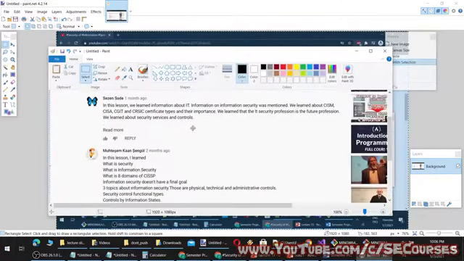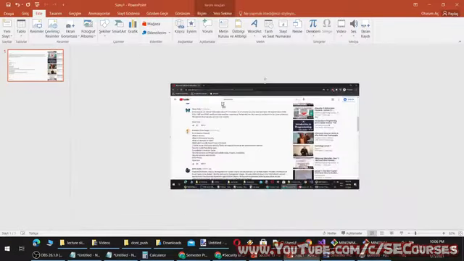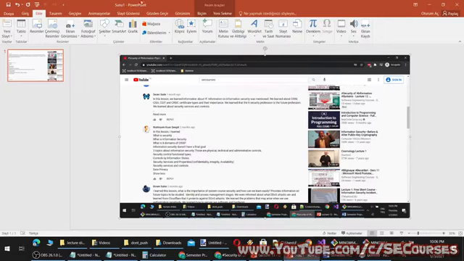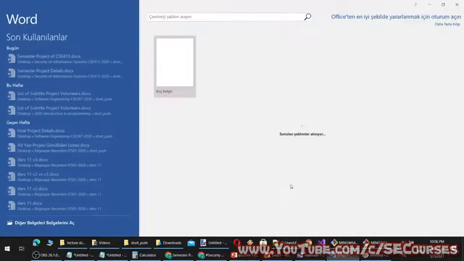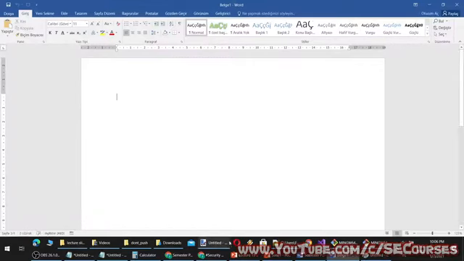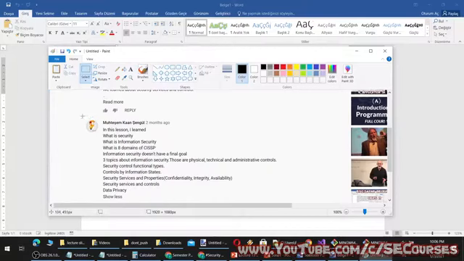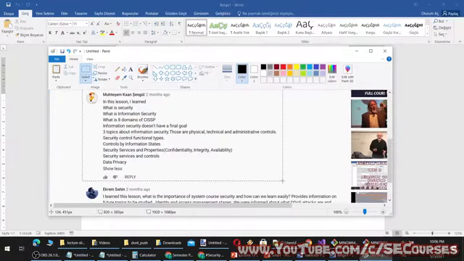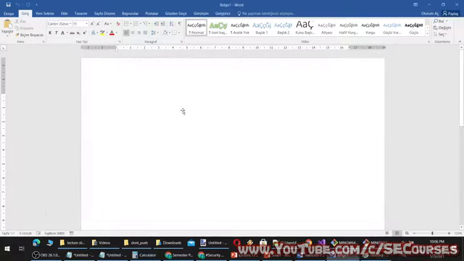Here, paste it, copy from there, and add it to, for example, PowerPoint, or open a Word document and add it there. However, before adding that, crop it like this. You see I am selecting the comment, copying it, and pasting only that comment.